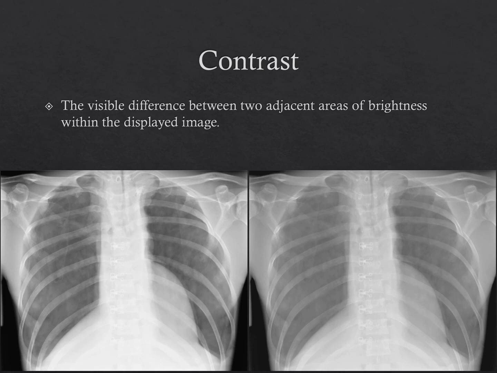So the visual contrast of the image on the left is not good and it's not bad. It's what's typical. The image on the right, again, has a longer scale of contrast, which is not good, it's not bad. It's just allowing me to see the different structures in kind of a different view.